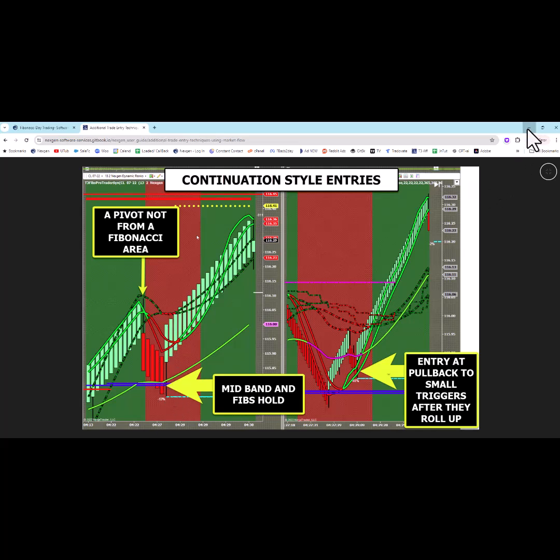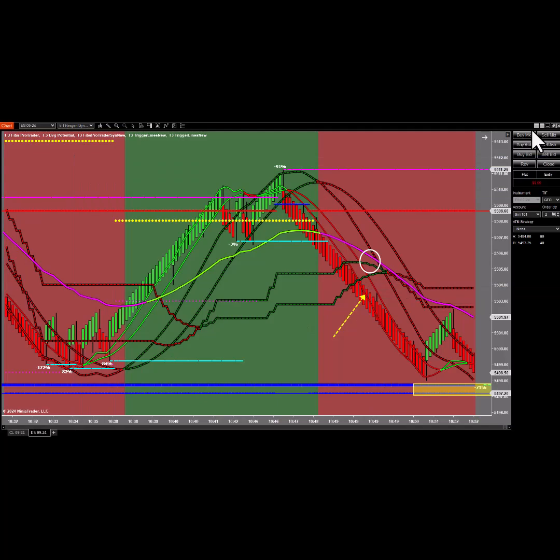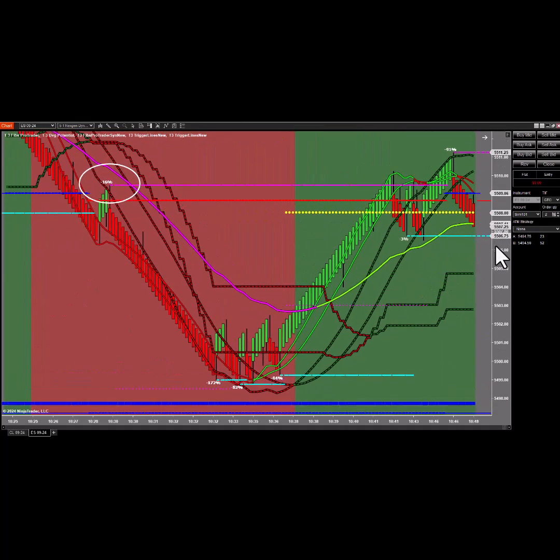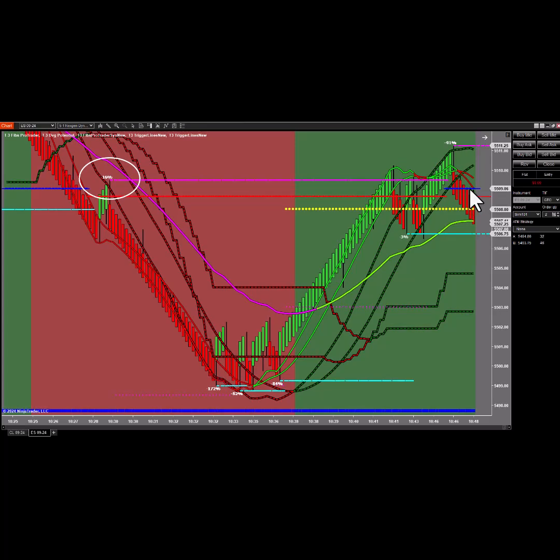So again, there are opportunities from areas, and using the small chart triggers really does help. This wasn't one of them. The reason why is because, at the time you would have sold a pullback to your small triggers, all your other triggers are past the fib, which makes it a bad idea.